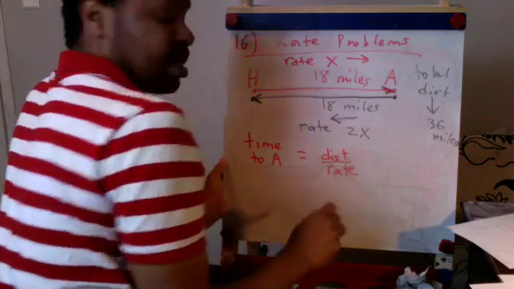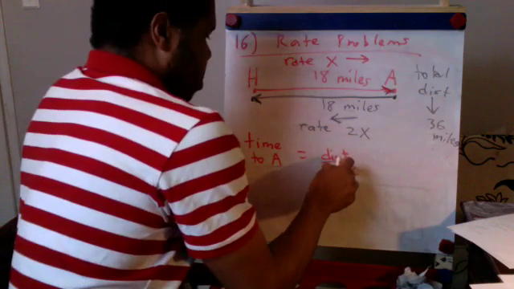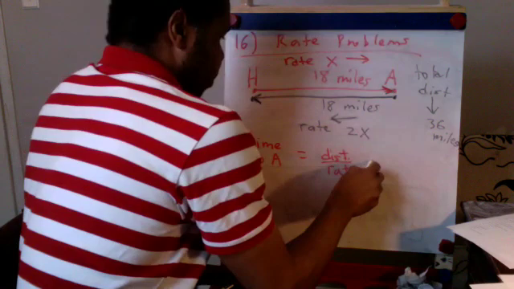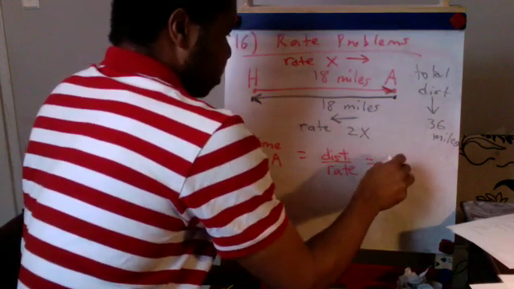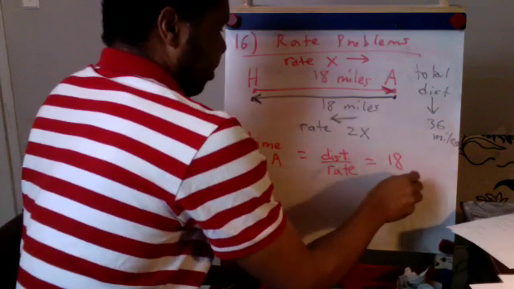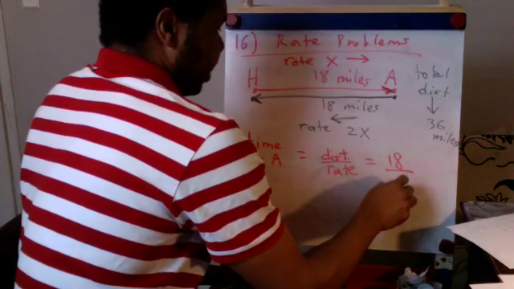Okay, so time is distance divided by rate, as explained in an earlier video, which in this case is going to be the distance, 18, over the rate, which is x.